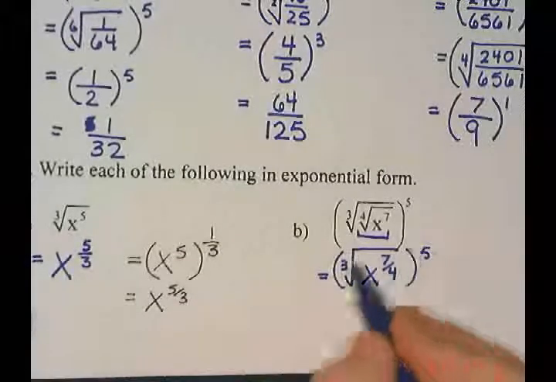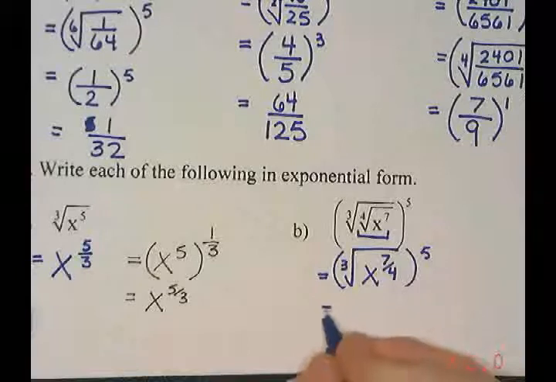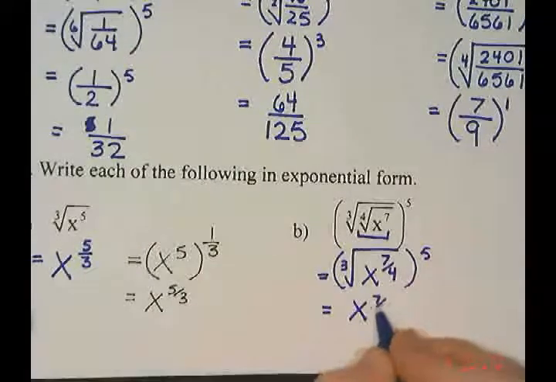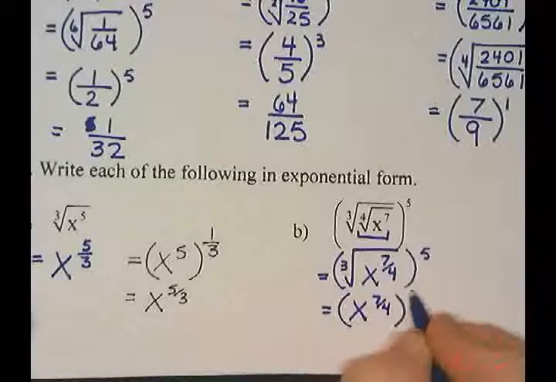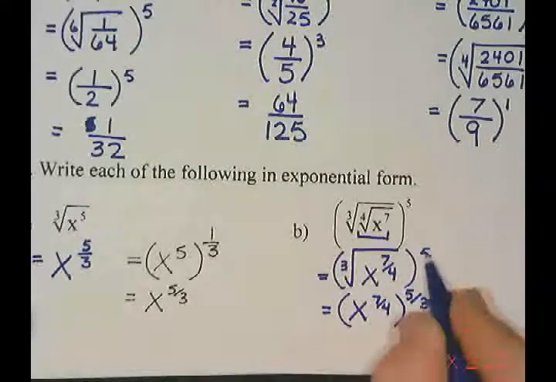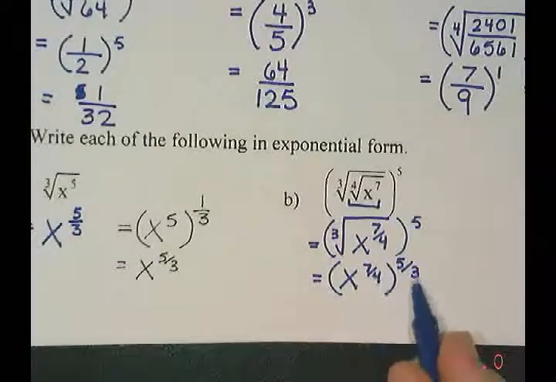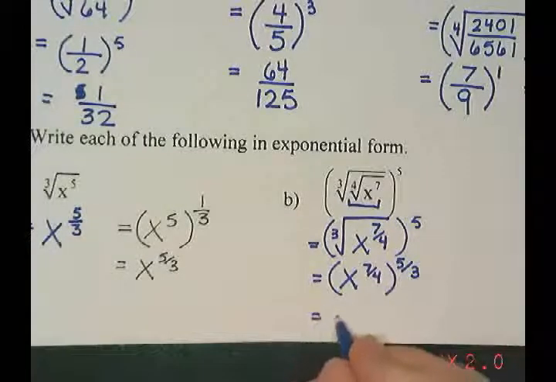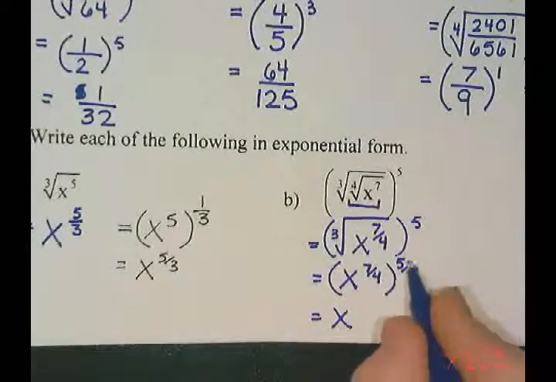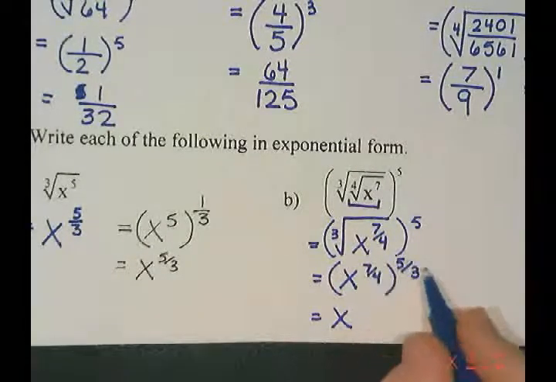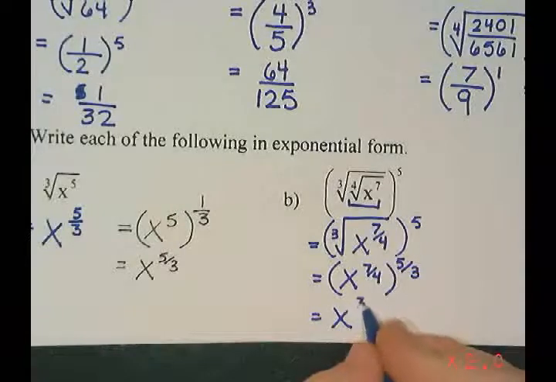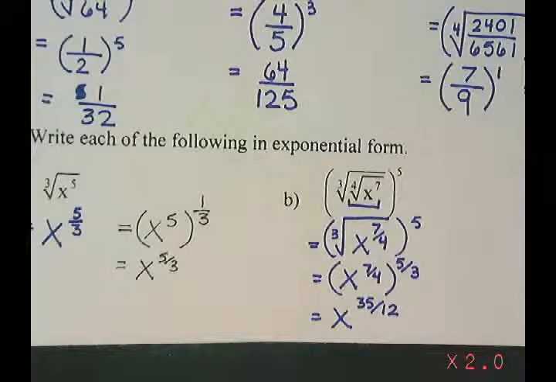Now, a cube root to the power of 5 would be the same thing as saying that it's to the power of 5 over 3, right? So I treated these ones together. And then our rule here, when we have brackets, is we just multiply. So 7 over 4 times 5 over 3, we do numerator times numerator. 7 times 5 is 35, and 4 times 3 is 12. So I get x to the 35 over 12. And that's it for now.